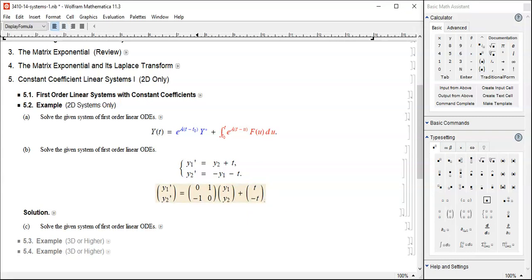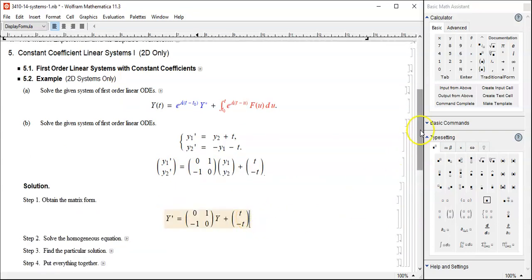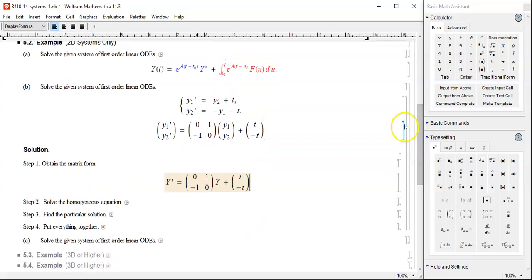And this time there's no initial condition, so I'm not going to worry about the y star part. In the end, I'm going to put y star as C1, C2 and go from there. Okay, this is my matrix A, and this is my non-homogeneous part F. That's my Y. All right. Here's the matrix form. Is everybody happy?